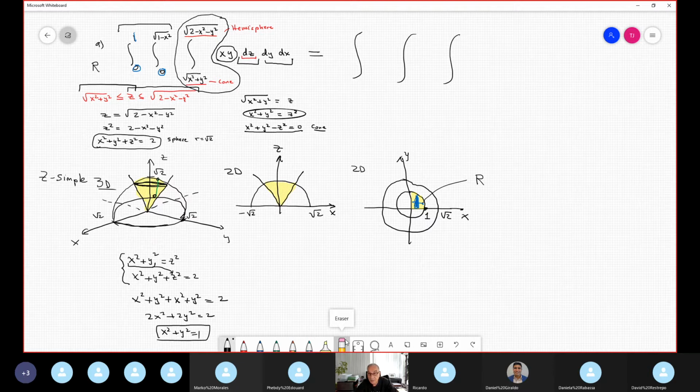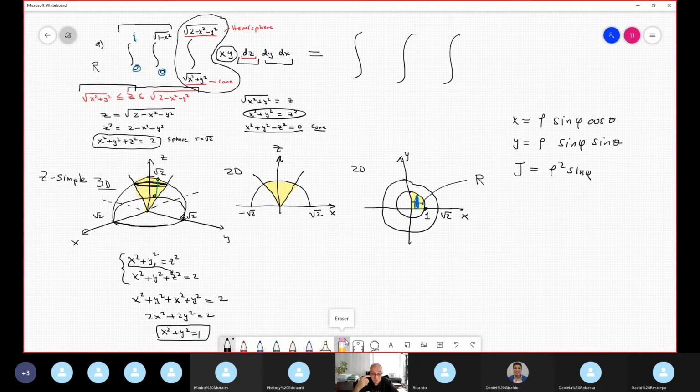The equation is x equals rho sine phi cosine theta. y is equal to rho sine phi sine theta. And by curiosity, the Jacobian, you know, is rho squared sine phi. I don't care about z because z is not participating in the game.